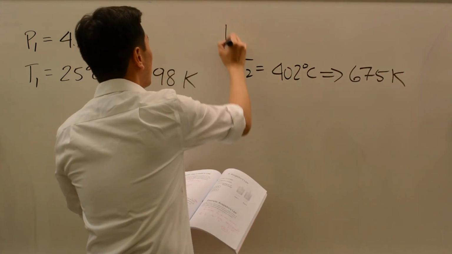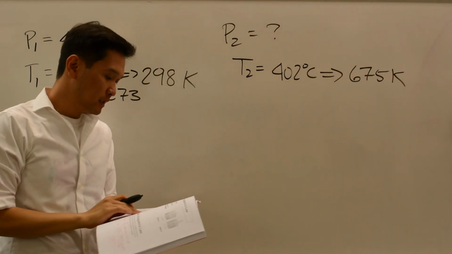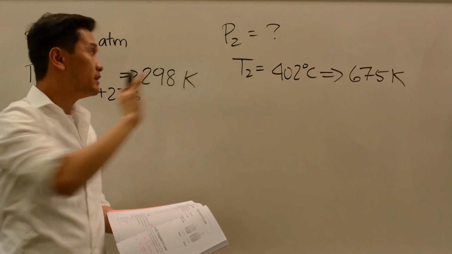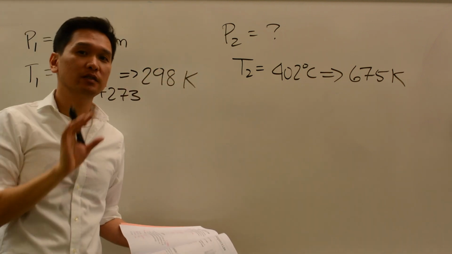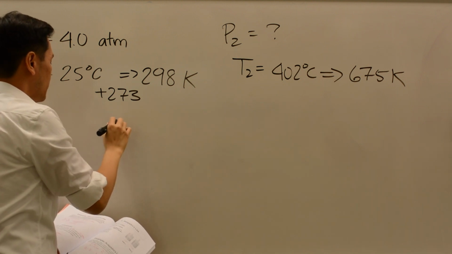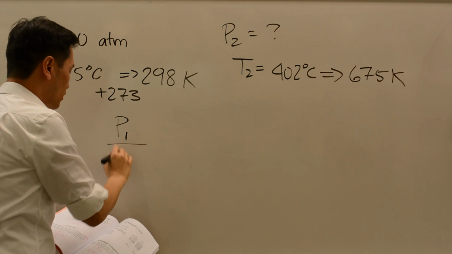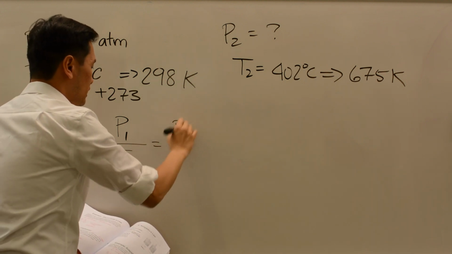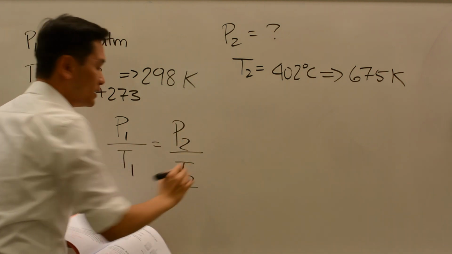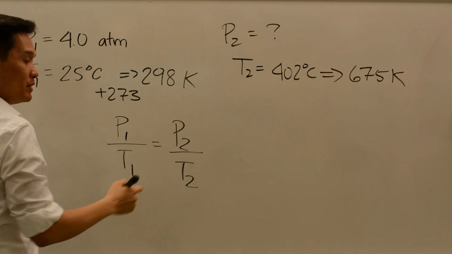Then what is unknown is our P2. Since we are solving for P2, I'm going to choose the equation that has P2 on top. That equation is P1 over T1 equals P2 over T2.